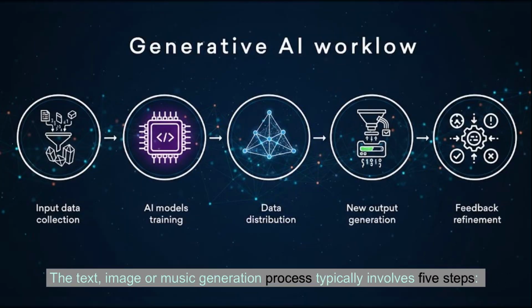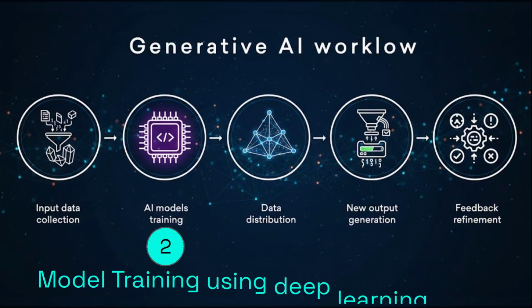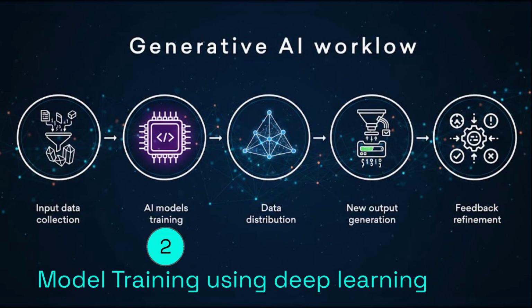The text, image, or music generation process typically involves 5 steps. Step 1. Data collection, gathering large data sets, such as images, text, or audio. Step 2. Model training, using deep learning techniques like neural networks to recognize patterns.